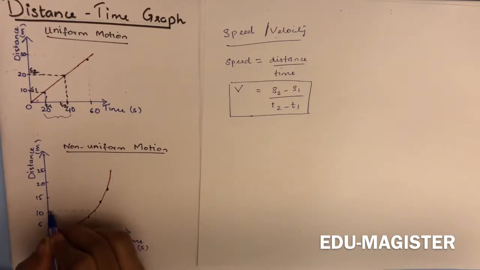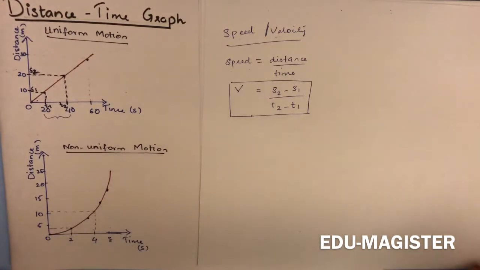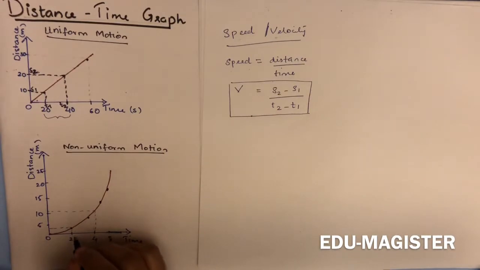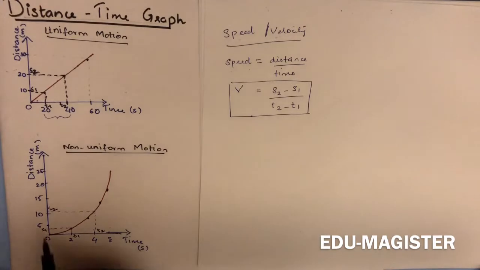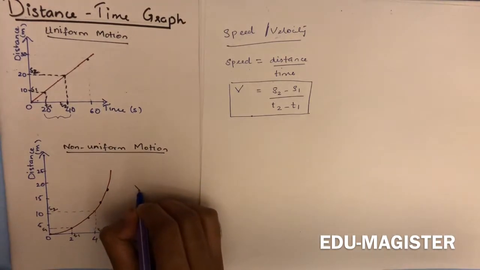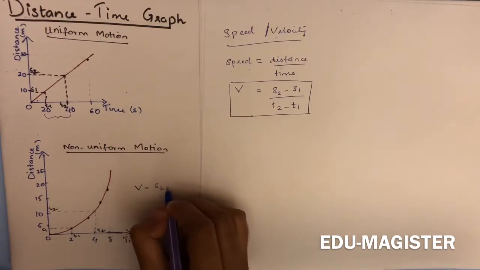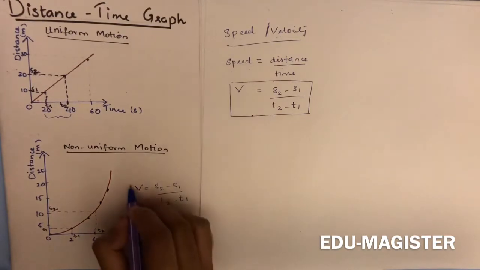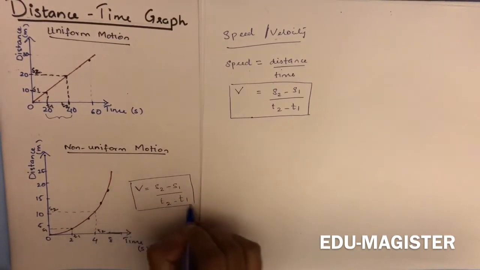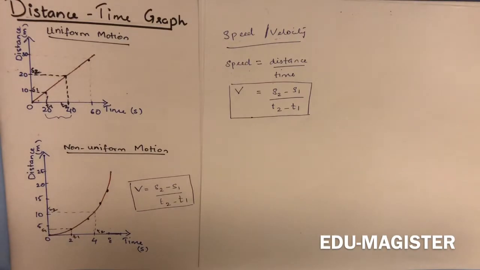Extend towards the distance axis and name this as T1, this as T2, corresponding distances as S1 and S2, and then here velocity will be S2 minus S1 by T2 minus T1. So this is how you calculate speed from a distance time graph.